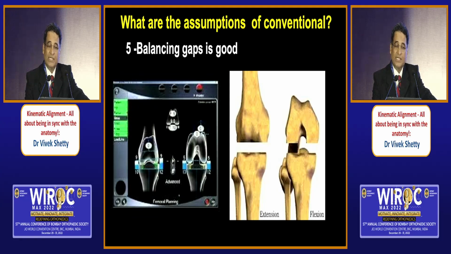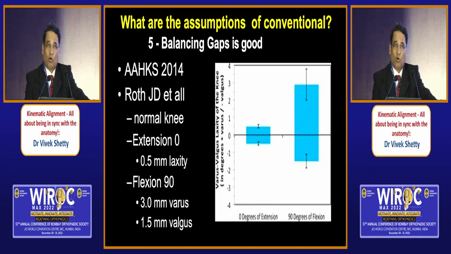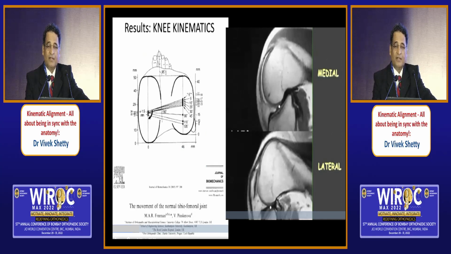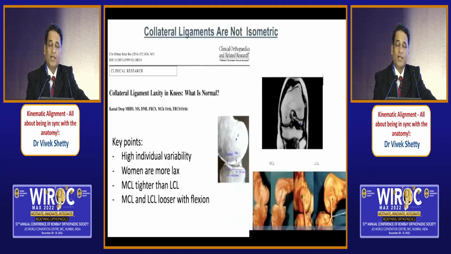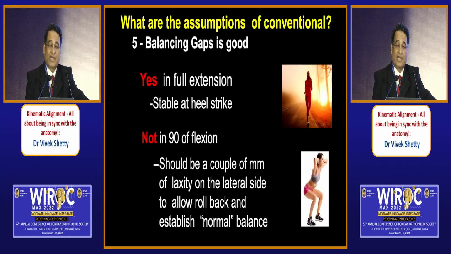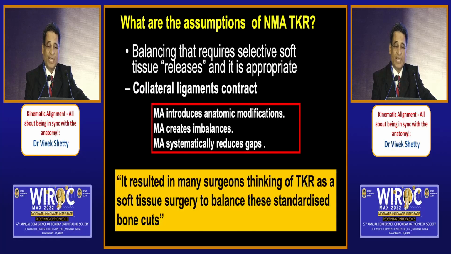What about balancing gaps? It's good to have a good gap in flexion and extension, when normally you have 3 to 4 millimeters wider in flexion on the lateral side. Again, the knee pivoting on the medial side with translation on the lateral side is possible only if you have a slightly laxer lateral side. When you flex, we need a little laxity on the lateral side and not an equal flexion extension gap.